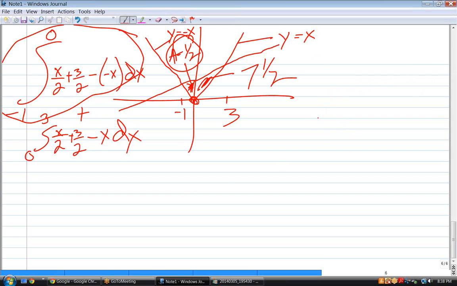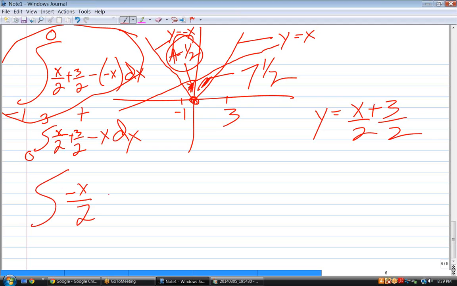So my other equation is x plus 3 over 2, correct? So this is x plus 3 over 2 minus x. And that is minus x over 2 plus 3 halves dx.